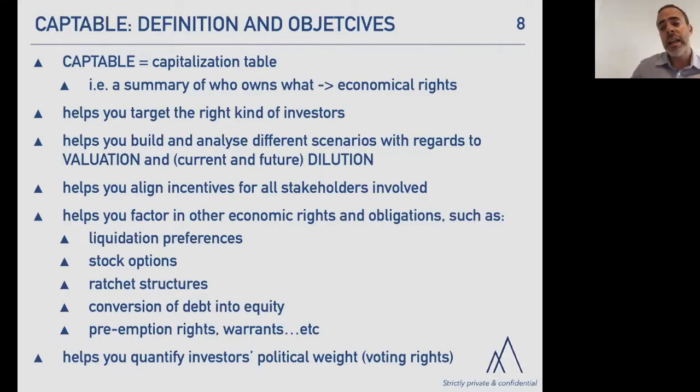If you allow this preemption right on a pro rata basis, it means that if I own 10% of the business and you're raising new capital, I have the right, and you cannot take that away from me if it's written in the shareholders agreement, to invest 10% of whatever money you're raising at the same terms that you are negotiating with the lead investor. I'm not getting better terms, but I have the right to take 10% of the round on a pro rata basis. And this is a right that is very, very common.